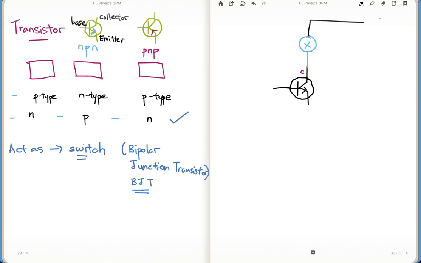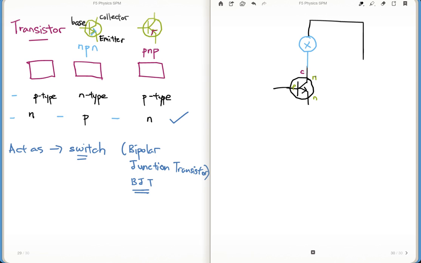For this case, it would be one of those objective questions. First of all, you identify whether it is NPN or PNP. As I just mentioned, the arrow points out, therefore it's NPN type. This is the collector side. For NPN, in order for this transistor to work, your collector has to be reverse biased.